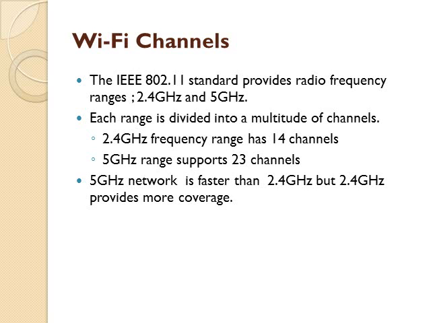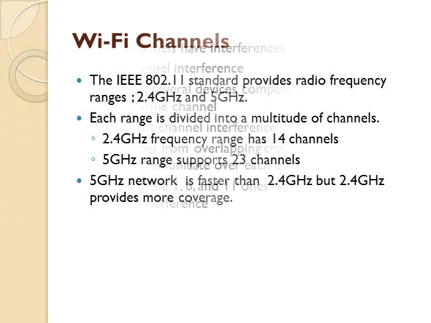Each range is divided into multiple channels. The 2.4 gigahertz range has 14 channels, whereas the 5 gigahertz range has 23 channels. A 5 gigahertz network is faster than 2.4 gigahertz, but 2.4 gigahertz provides more coverage.